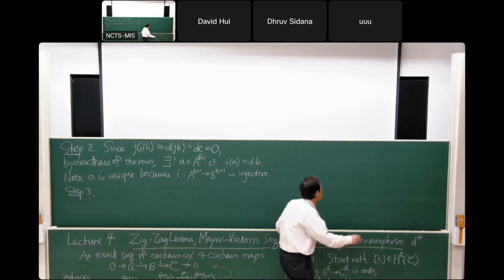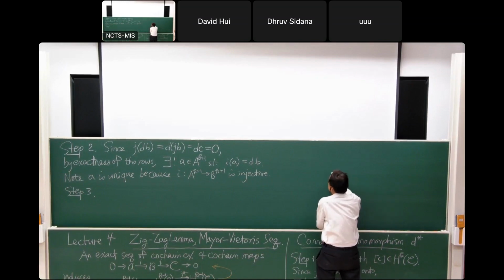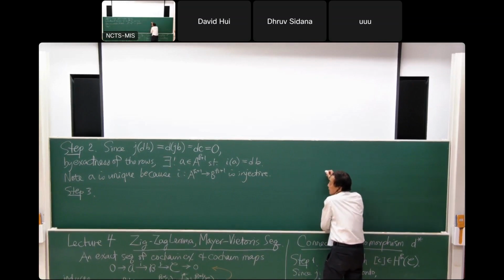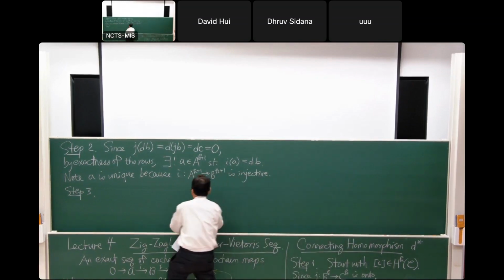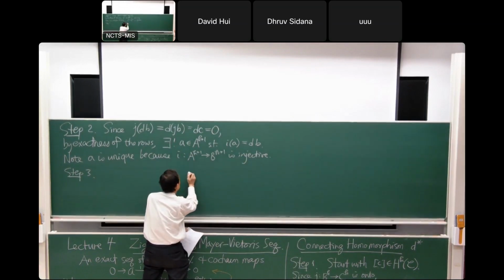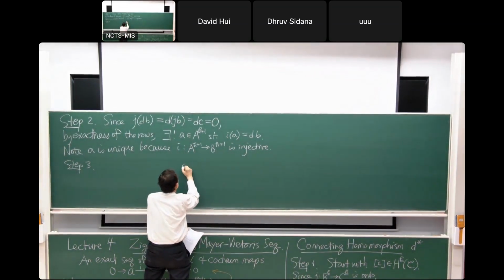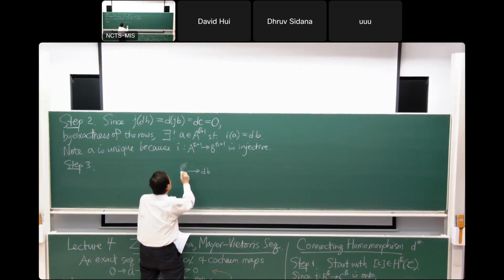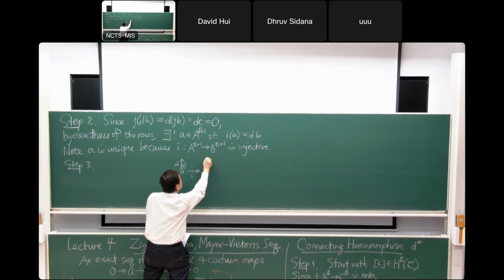Yeah, so let me look at it here. So we have A that maps to dB, and we want to see what dA is. So let's look at the commutative diagram.